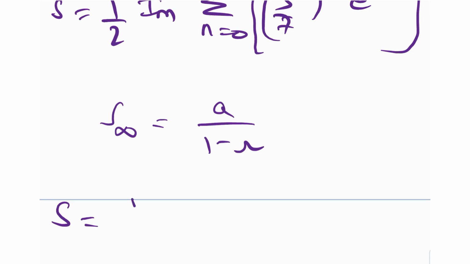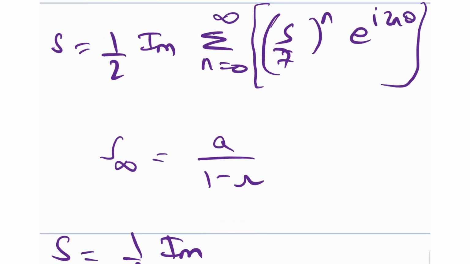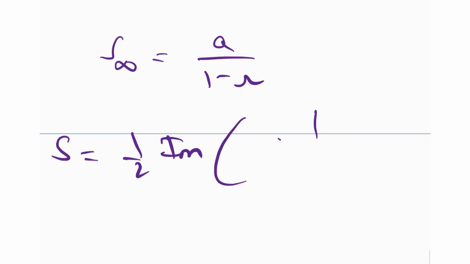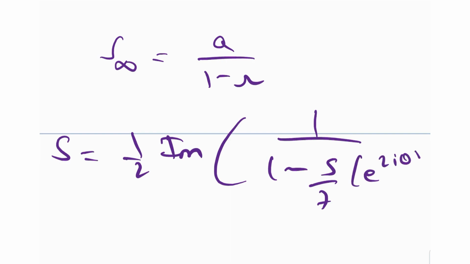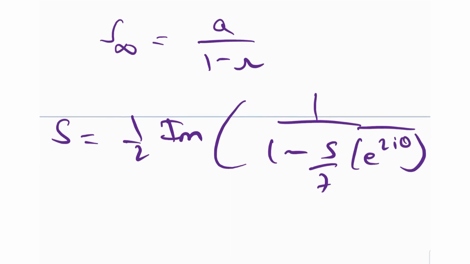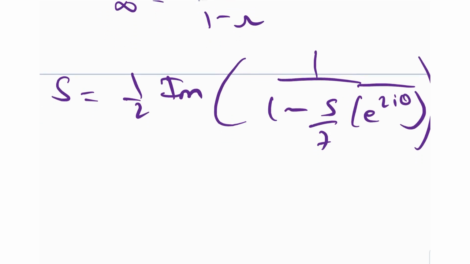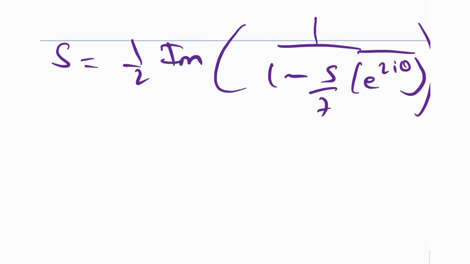So in this case, the sum becomes half times the imaginary part of: a will be the first term, just plug n is equal to 0, you'll get 1. So 1 divided by 1 minus the common ratio, which is 5/7 times e raised to the power 2i theta. Right, you plug in n is equal to 1 basically. Okay, so we've reached till that.